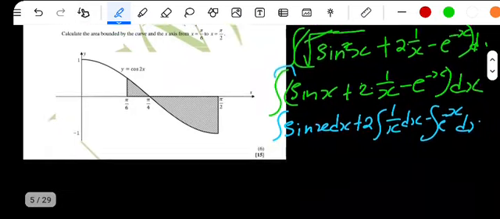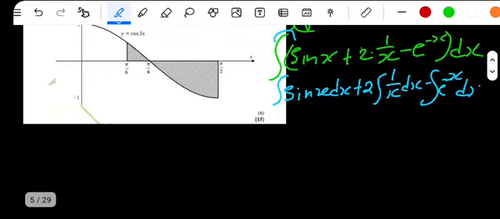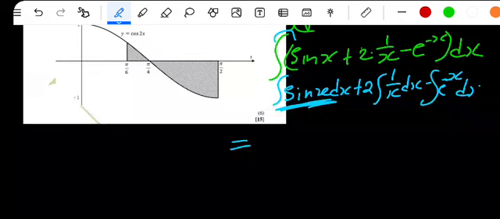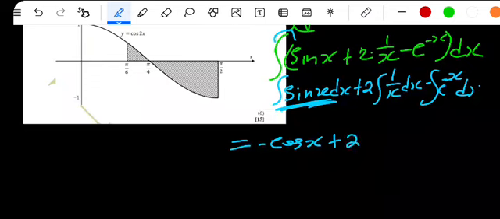As you are taking this integral, you are supposed to see that the integral of sine x will give us negative cos x. We have plus 2, the integral of 1 over x will simply equal ln x. We have a minus here.